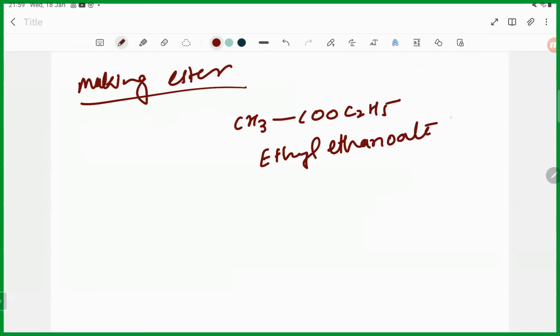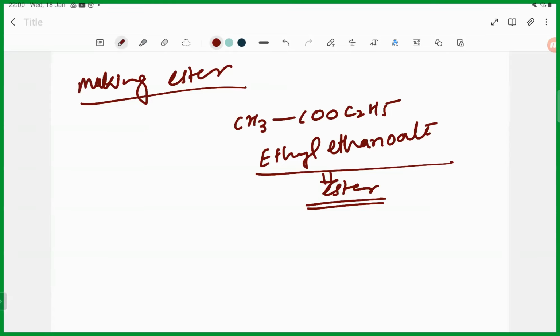This is the ester. The common esters, like the perfumes we use, are nothing but esters. Perfumes are esters only.